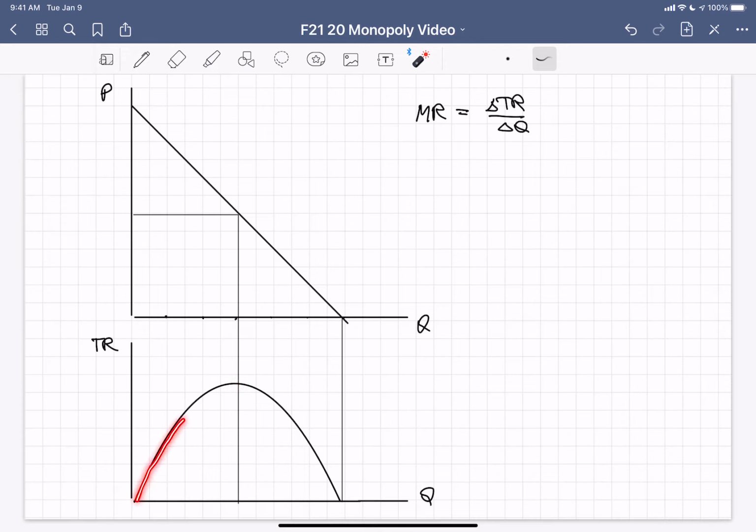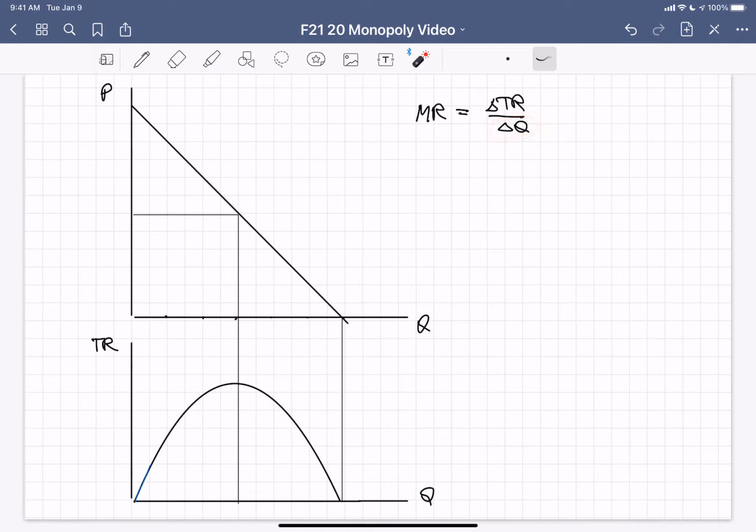So this curve is our total revenue curve, and it's very important, and we're going to use it later today. And actually, one important thing about this curve is that we can figure out marginal revenue by looking at this curve. So by definition, as I hope you recall, marginal revenue tells us by how much total revenue will change as we're changing our output.